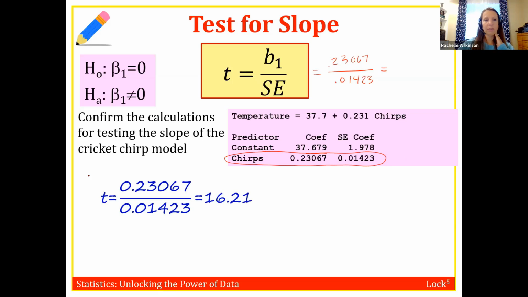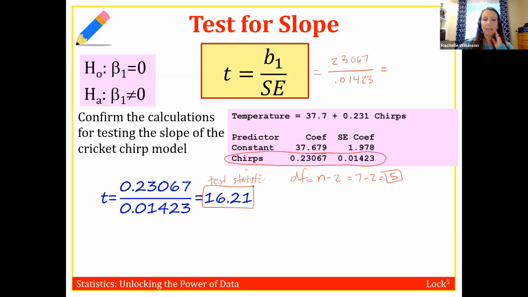And I end up with 16.21. This is my test statistic, 16.21. We already mentioned that we had degrees of freedom equal to n minus 2, which should be 7 minus 2, which is 5.